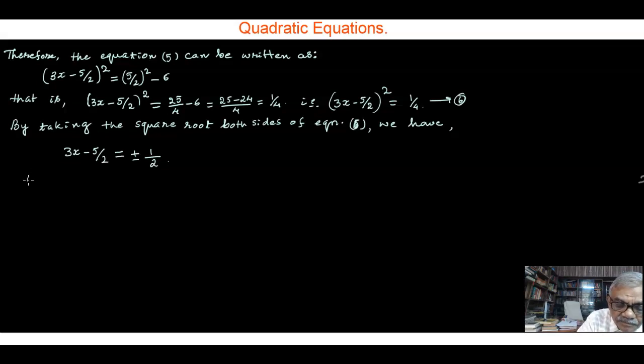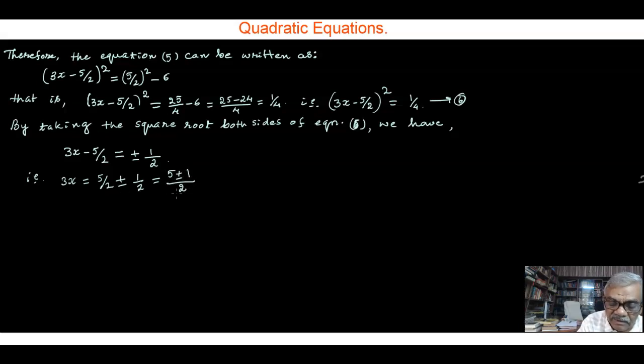That is, 3x is equal to 5 by 2 plus or minus 1 by 2, that is 5 plus or minus 1 by 2, since the LCM on both sides is 2.